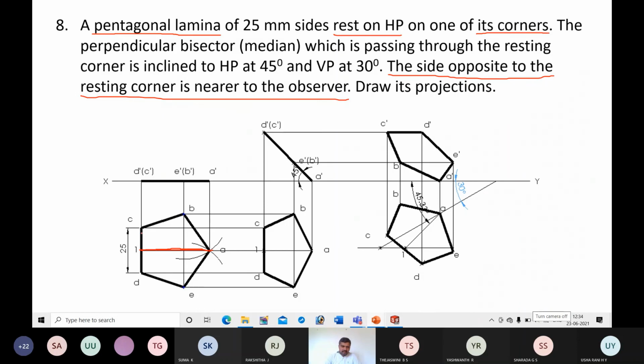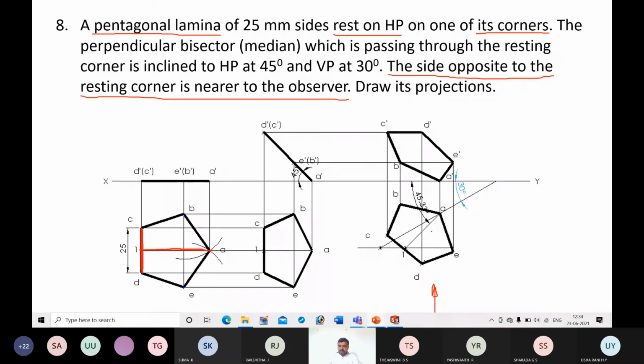Side opposite to resting corner means D to C. So here this condition you should satisfy in the last position, last top view. Okay. So now for front view, this is the front view. For drawing front view, you are looking from this direction, front.